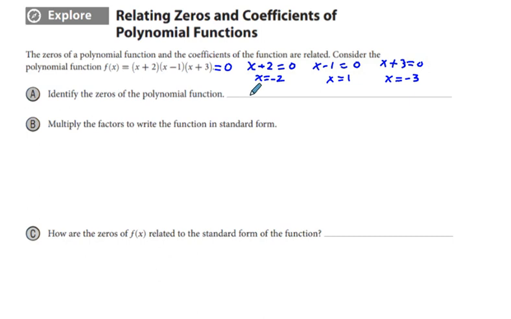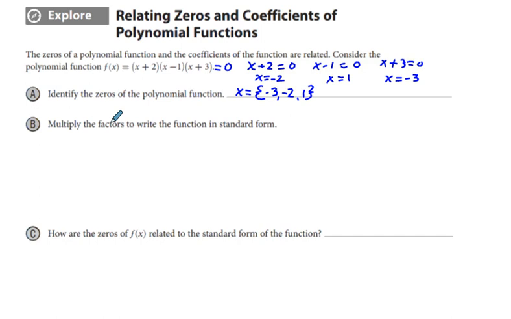So the zeros are x is equal to, and I'm going to write these in set notation, negative 3, negative 2, and 1. These are the zeros, or x-intercepts.